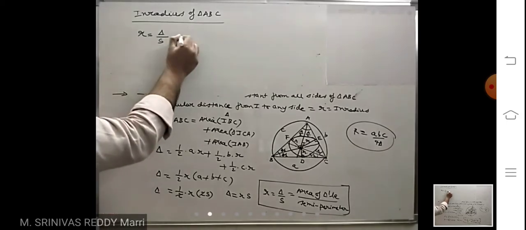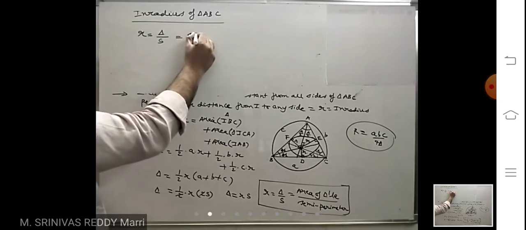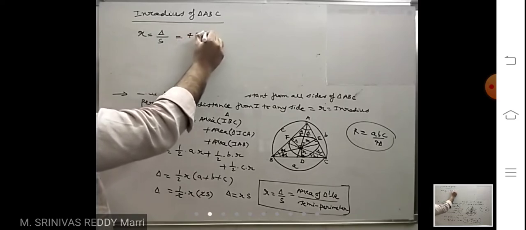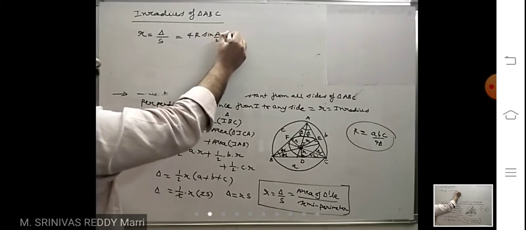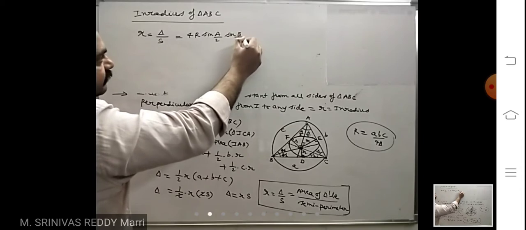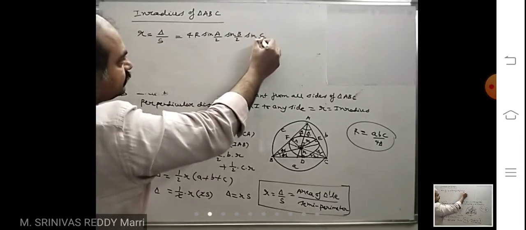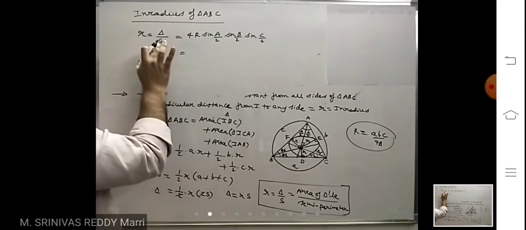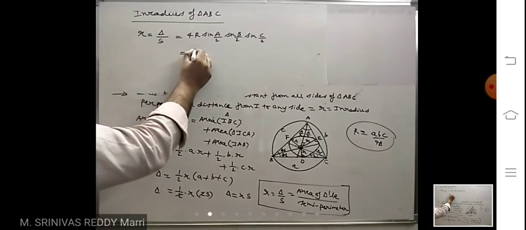So there are other formulas also. Look at carefully. All of you look at carefully. Another formula is 4R sin A by 2, sin B by 2, sin C by 2. This is one formula. You can use either this or this, no problem. All are the same.